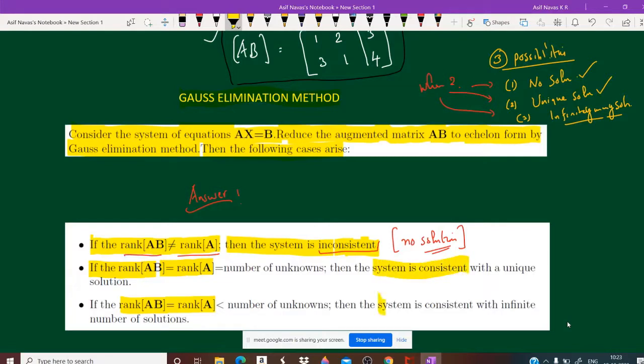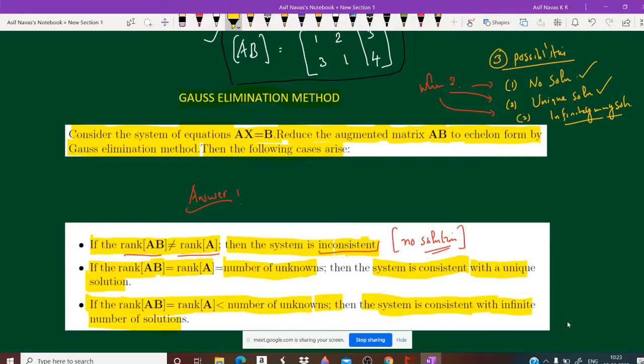And for the second case, if rank of AB is equal to rank of A and is equal to the number of unknowns, then the system is consistent with a unique solution. And if rank of AB is equal to rank of A, which is less than the number of unknowns, then the system is consistent with infinitely many solutions.